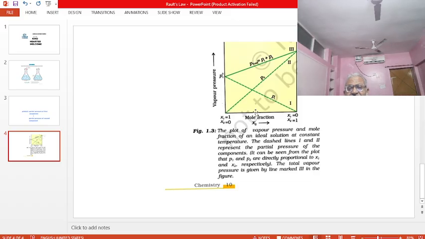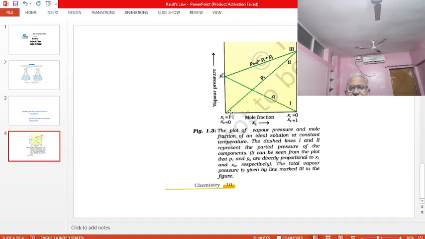At this particular mole fraction, the vapor pressure has risen further up to this level. And when there is 100% of the first component, x is equal to 1, that is, there is no second component, then this pressure goes up to P1 naught, the pure solvent.